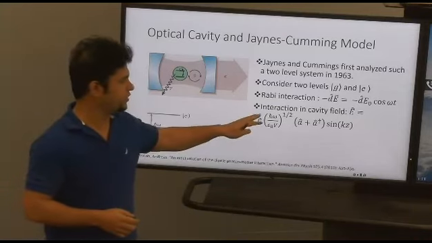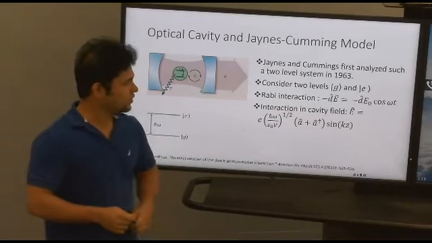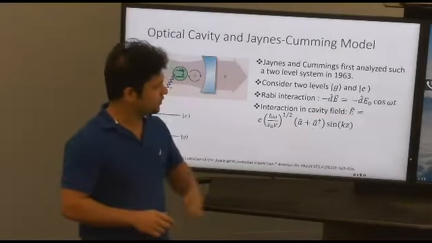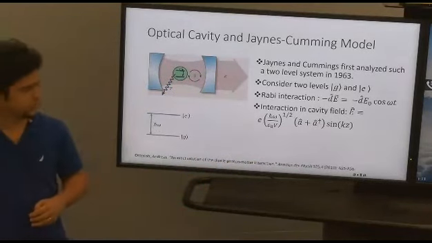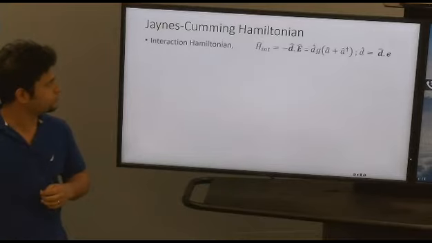That's why they define the interaction cavity field E with this formula. Here there are annihilation and creation operators to create a photon and absorb a photon.